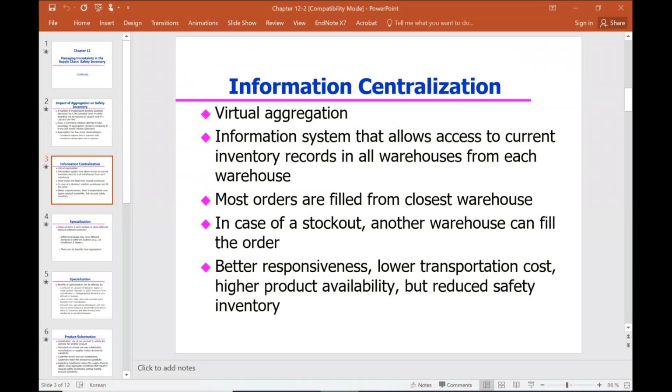So here's the idea: in case of a stock out in a specific warehouse, another warehouse can fill the order because they are all connected by information. That way, the company can enjoy better responsiveness, save transportation cost, and maintain good product availability, but at the same time doesn't have to have a lot of safety stock.